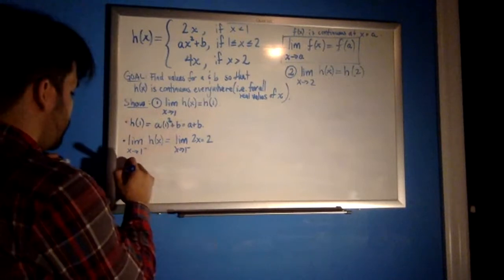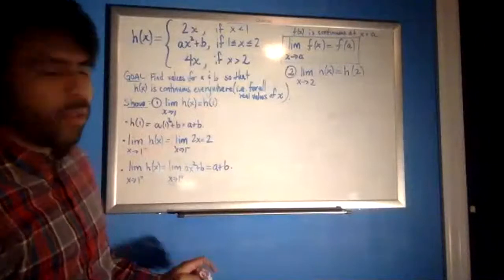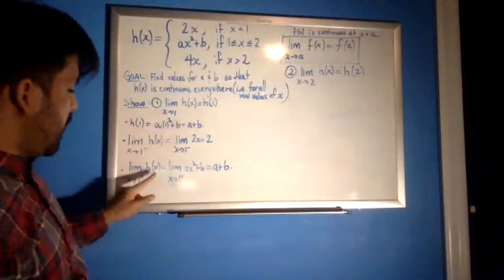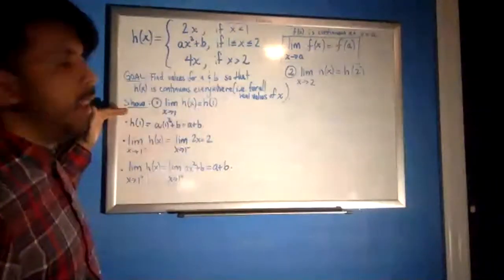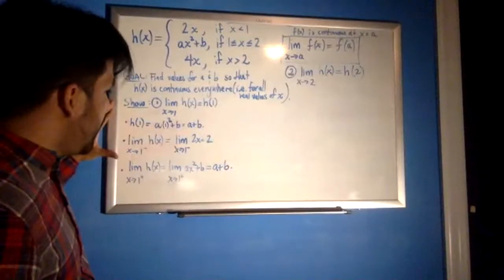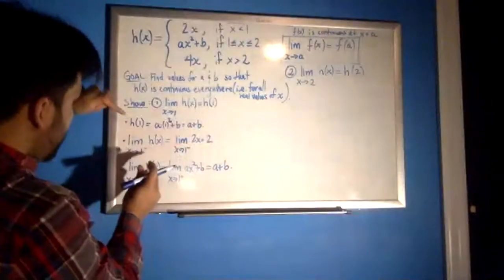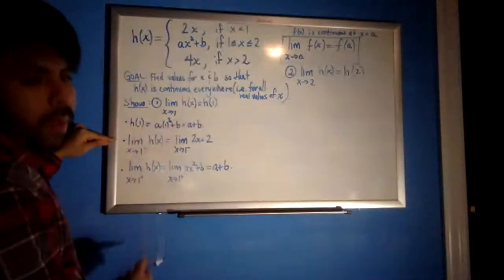Now what's my right-sided limit? It's kind of repetitive to say h of 1 equals a plus b, and the limit from the right is a plus b as well. But this redundancy should happen, and I want all of this to be equal. I want the value of the function to equal the right-sided limit and the left-sided limit.